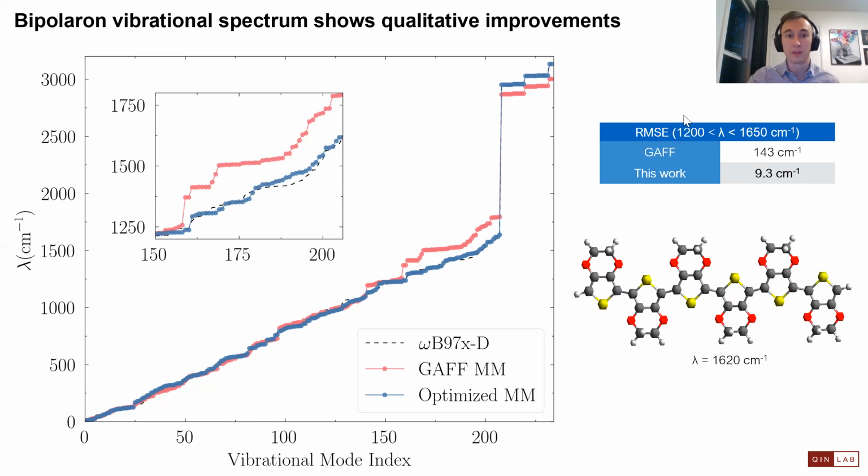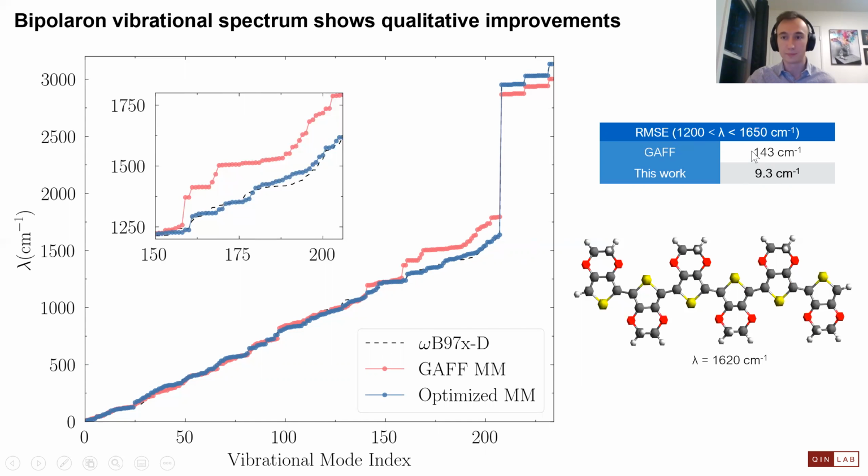A more significant improvement in the fit is seen in this range here that I'm circling with my mouse and is shown in the inset. These modes are largely characterized by carbon-carbon bond deformations, like the one shown here, that really highlight changes in bond length along the conjugated backbone.